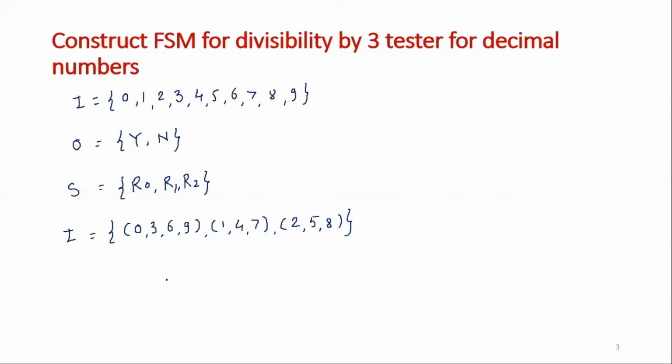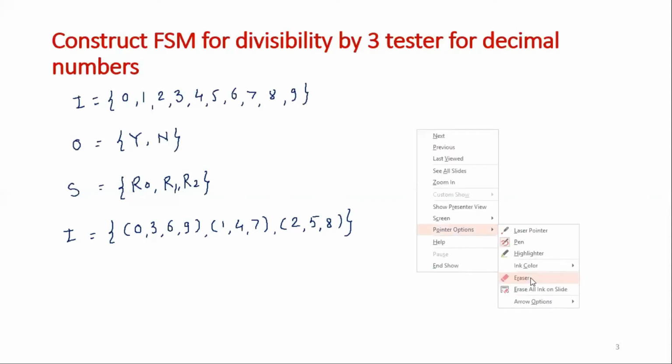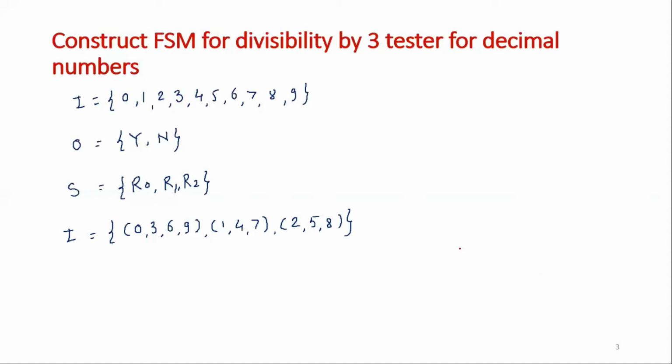Now let us start constructing the transition diagram. So here we will start with state R0. So this R0 is the initial state.